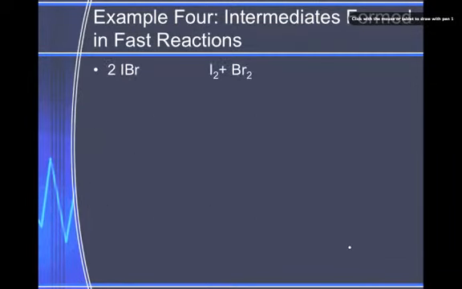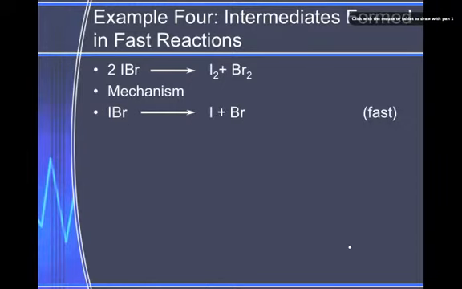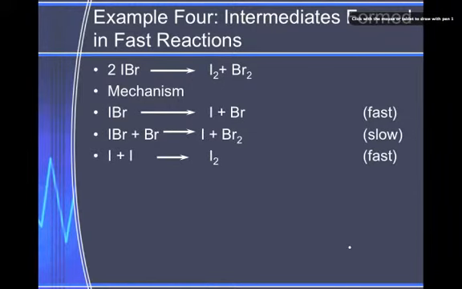Suppose that we have intermediates formed in fast reactions. So I have this reaction, 2IBr breaks down into iodine and bromine. And my mechanism lists a fast step, a slow step, and another fast step. So what do we do to write the rate law? Well, first of all, we're going to start off by writing the rate law for the slow step.